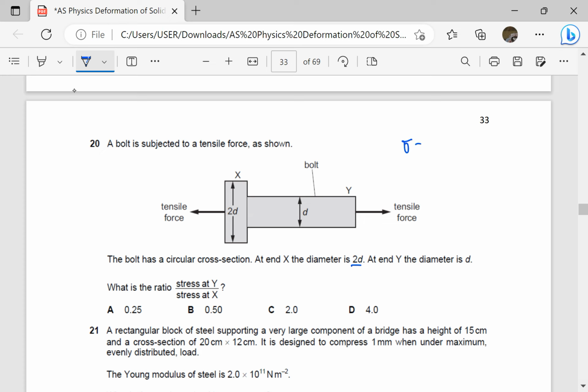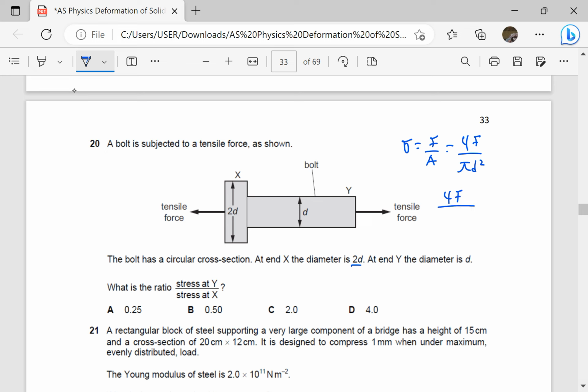So we know that stress is equal to force over cross-sectional area, which becomes 4F over pi d squared. So stress at y is going to be 4F over pi d squared, because the tensile force is the same.